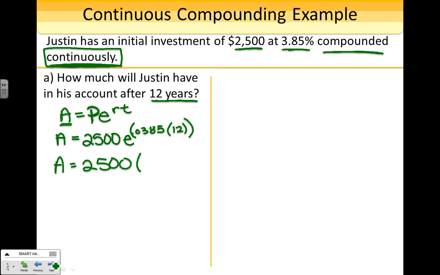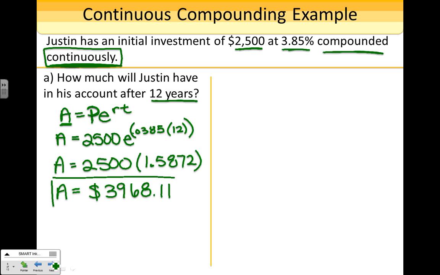And you should get 1.5872. Keep the exact number in your calculator and multiply that by 2,500. And you should get $3,968 and 11 cents. Okay, so just by putting his money into account and letting it sit there for 12 years, he makes a little over $1,000.